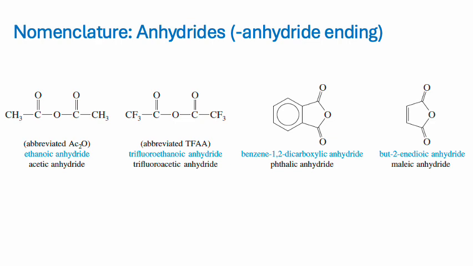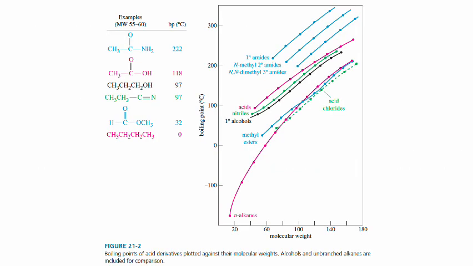So again, just focus for the most part: if you understand ethanoic anhydride, trifluoroethanoic anhydride, symmetric simple anhydrides like the first two on the left, you're going to be just fine. All right, phew, that's a lot of nomenclature. Let's move on and look at some properties of these carboxylic acid derivatives.